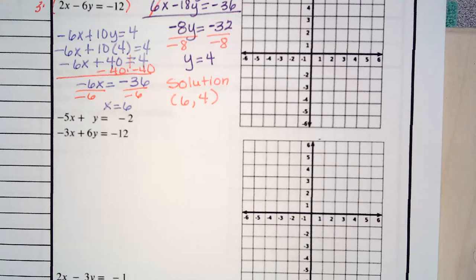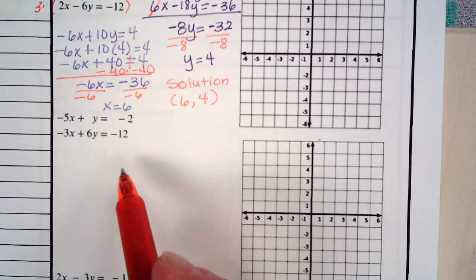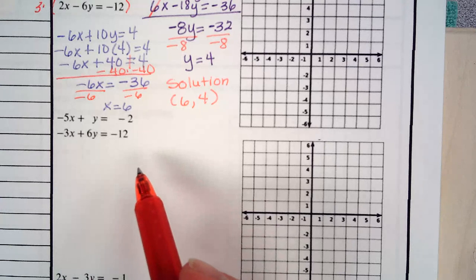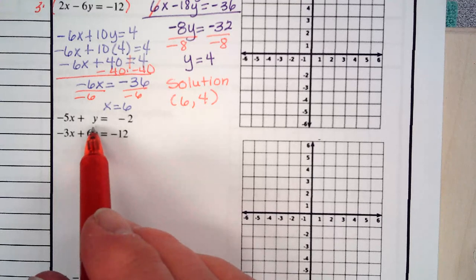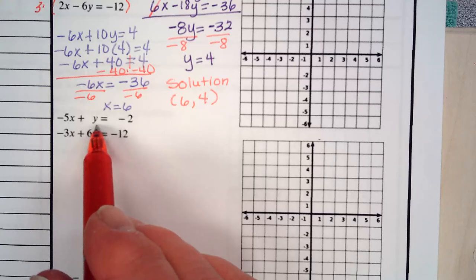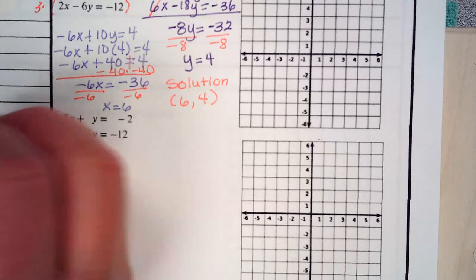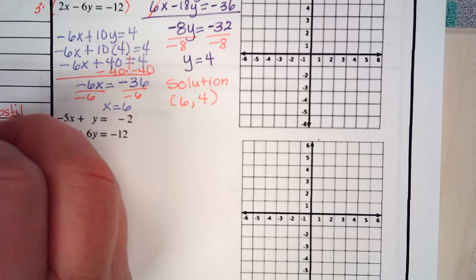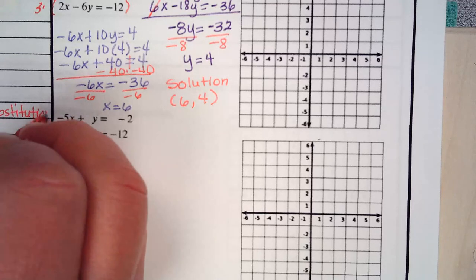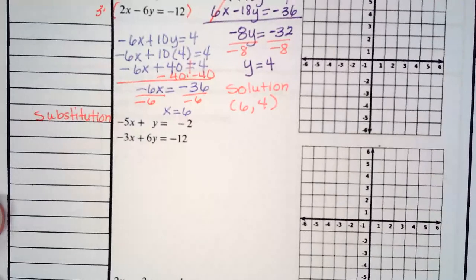So today, if we wanted to, we could solve both of them for y and do graphing also. But that would be a little bit more work. So I think today, for this one, I'm going to solve for y and use substitution.